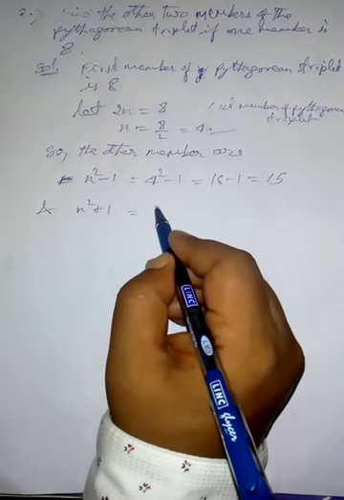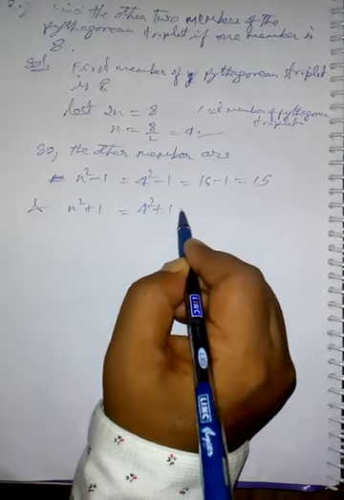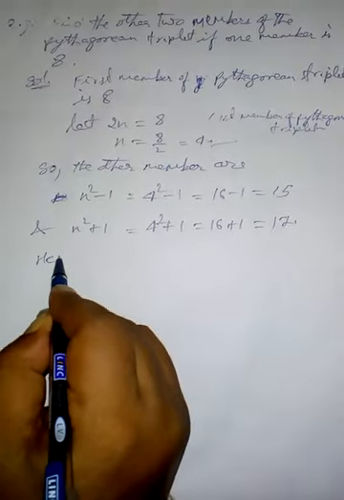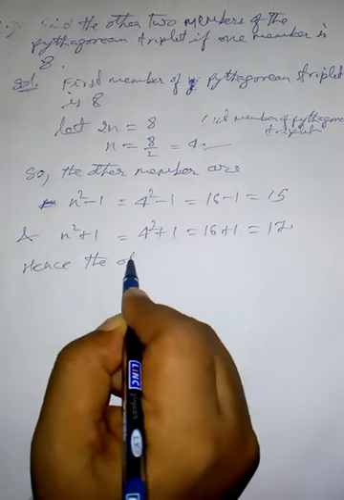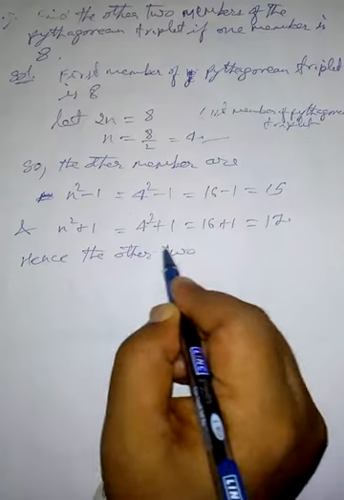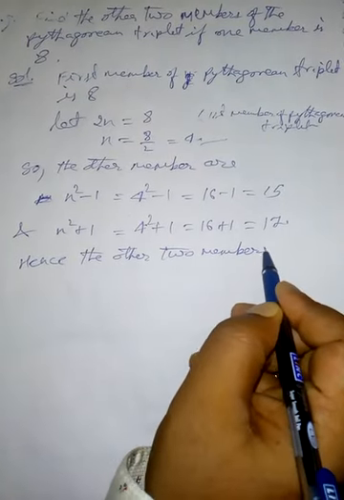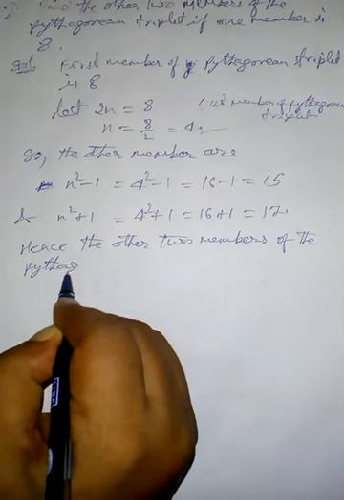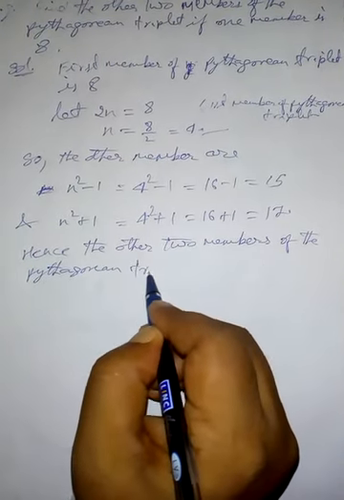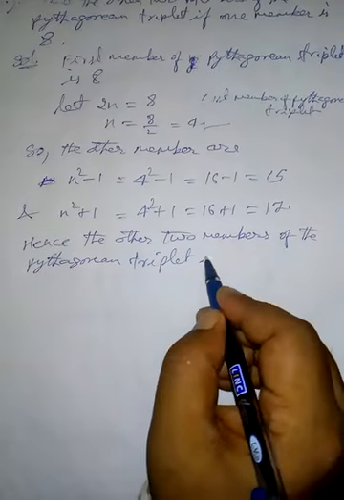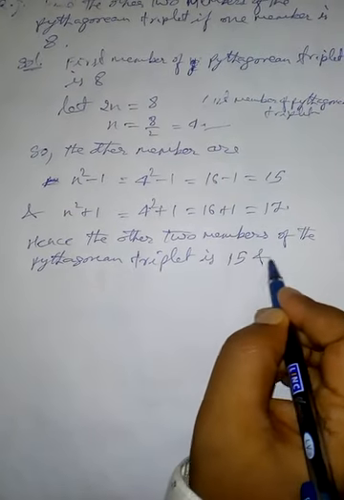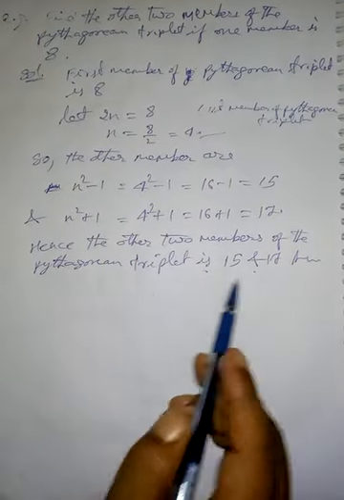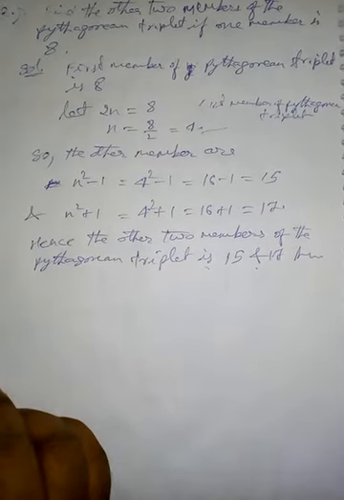And the next one is 4 square plus 1, which is 16 plus 1, which is 17. Hence, the other two members of the Pythagorean triplet are 15 and 17. The first member is 8, then the other two members are 15 and 17. This is the example of this question.